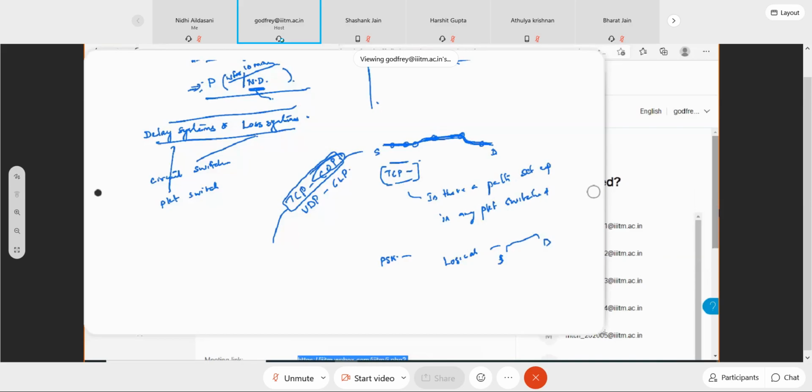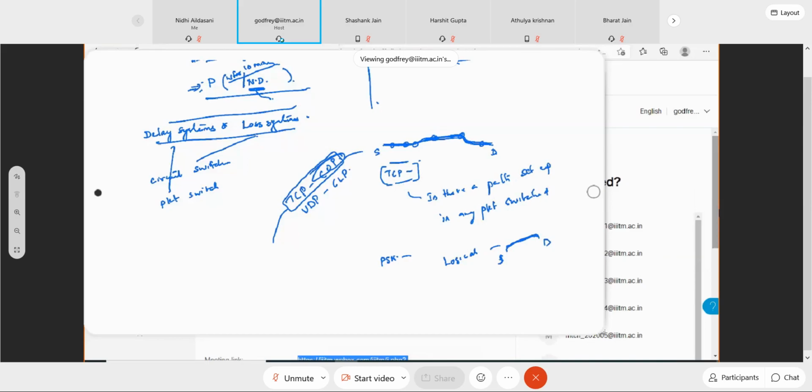Now, because a session is set up, and there is a handshaking that is done, which is all logical in nature, and during termination also, you have a protocol of disconnecting. So you call this a connection-oriented protocol.